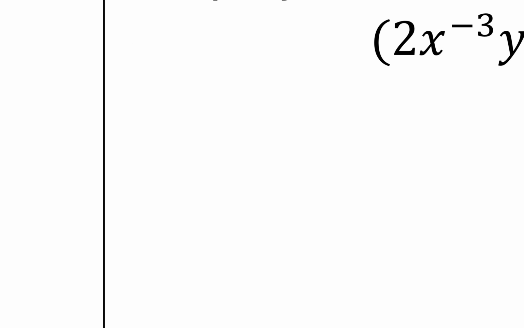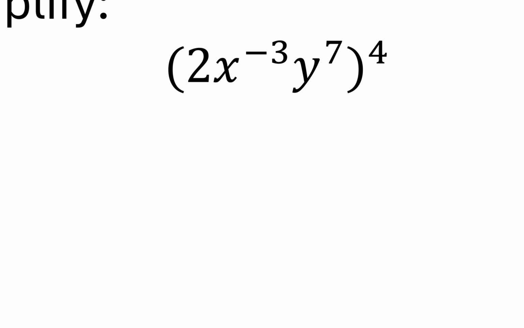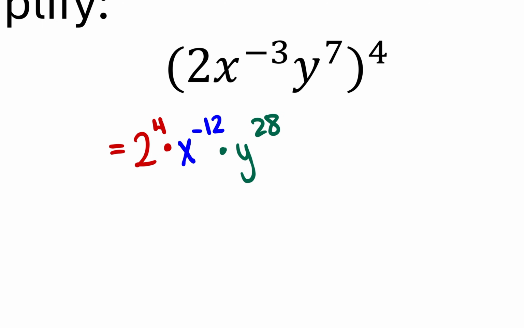Okay, for the next question, we have the following. And again, same idea. We have 2 to the fourth power times x to the negative 3 times 4 gives us negative 12. Then we have times y to the 7 times 4, that gives us positive 28. Okay, and then from there, we simplify further, and 2 to the fourth power will give us 16.